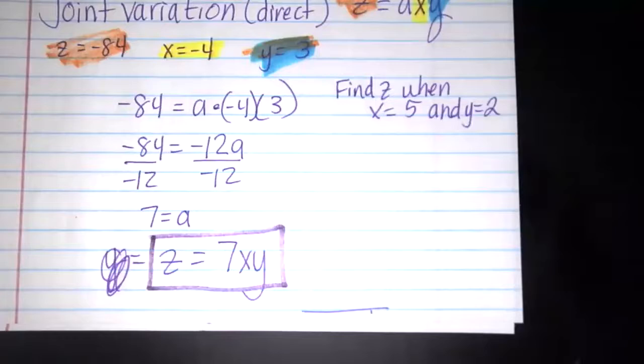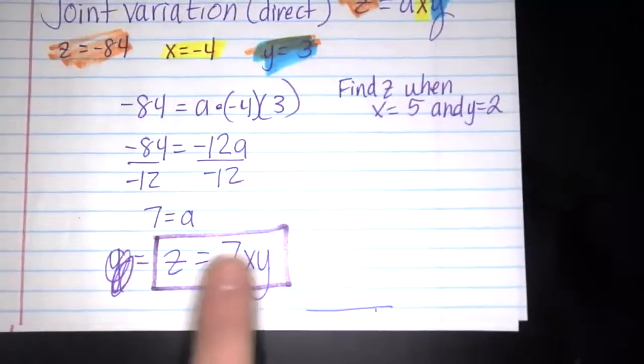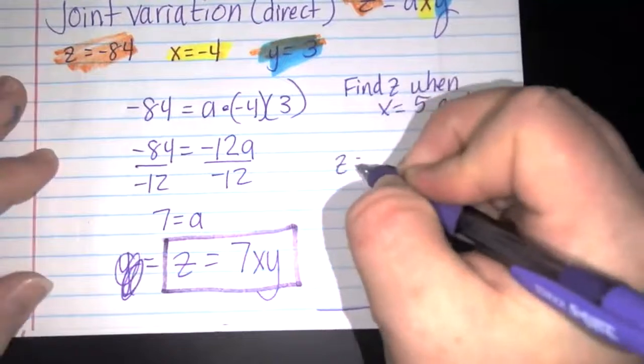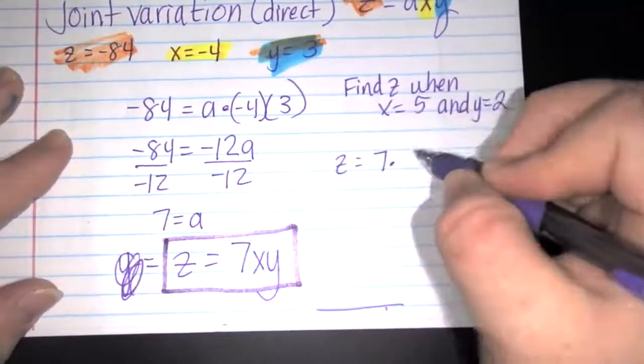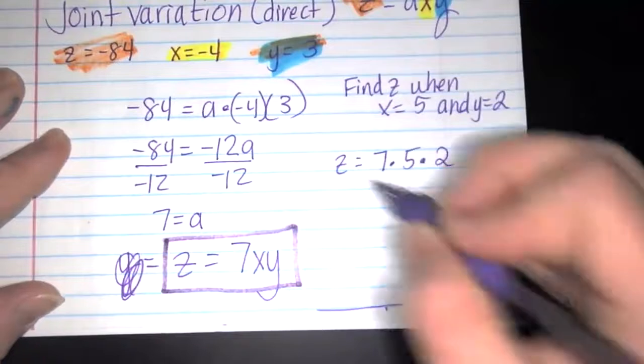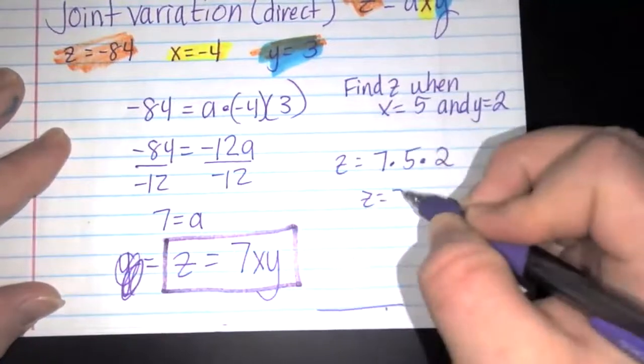Yes, a is still 7. Now use this equation. If you're thinking, wow, that was really easy, it should be, because I'm literally just plugging them into my calculator and multiplying them through. So what do you get? 70, done.